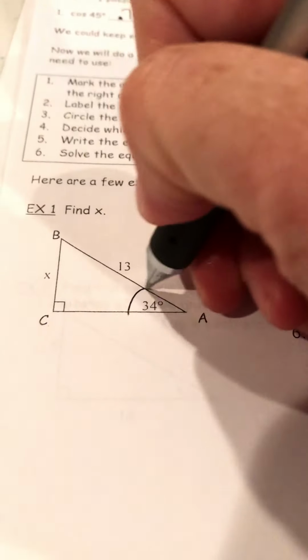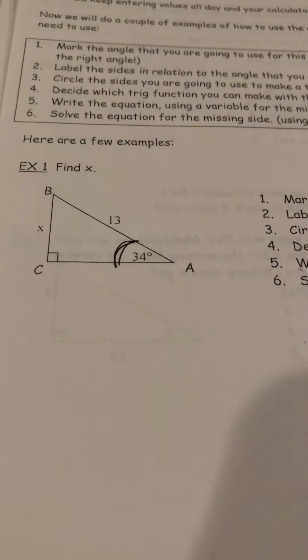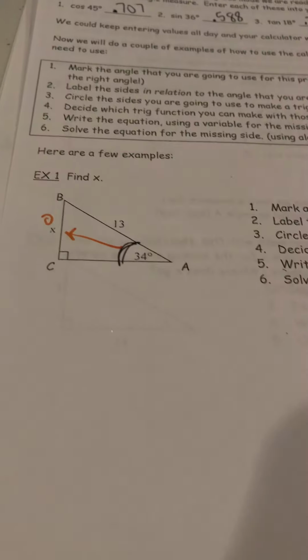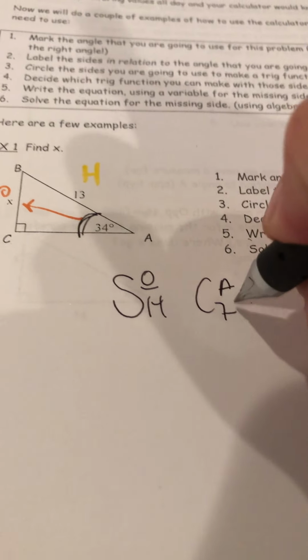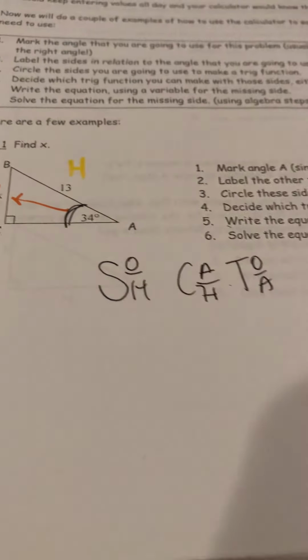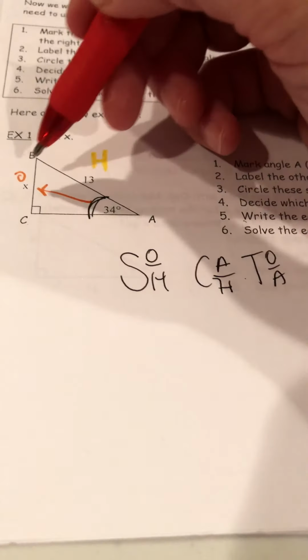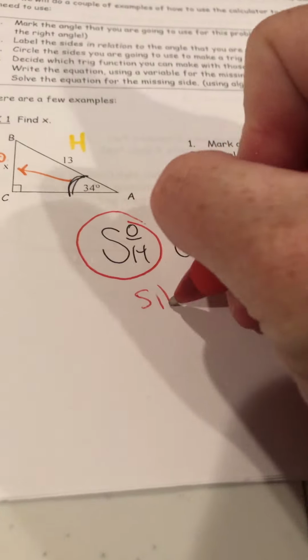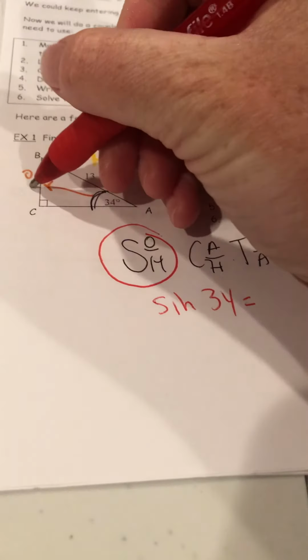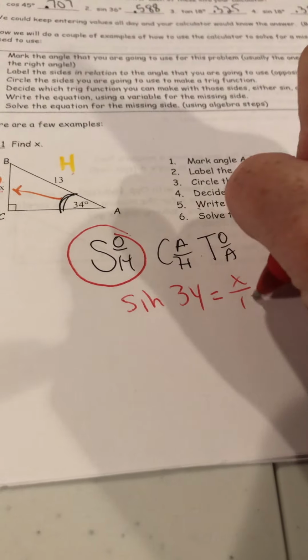Why do we need to know this? It's because sometimes you have to solve. So right here, I'm given my angle. This guy is my opposite, and this is my hypotenuse. So again, if I was using Sohcahtoa, the only thing I'm given is O and H, which means I have to use sine, and it says the sine of 34 is O over H, x over 13.